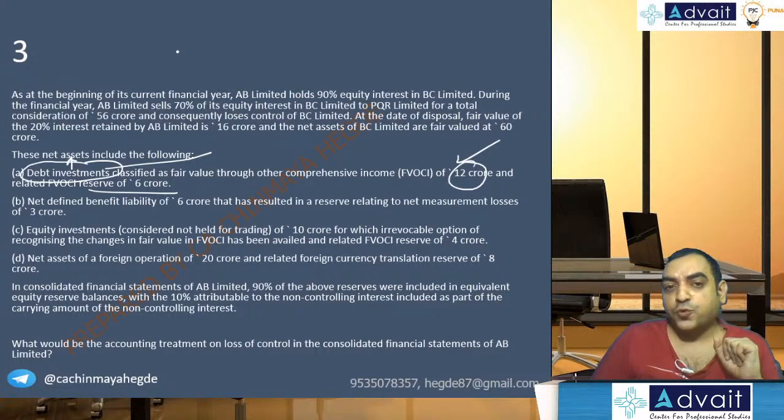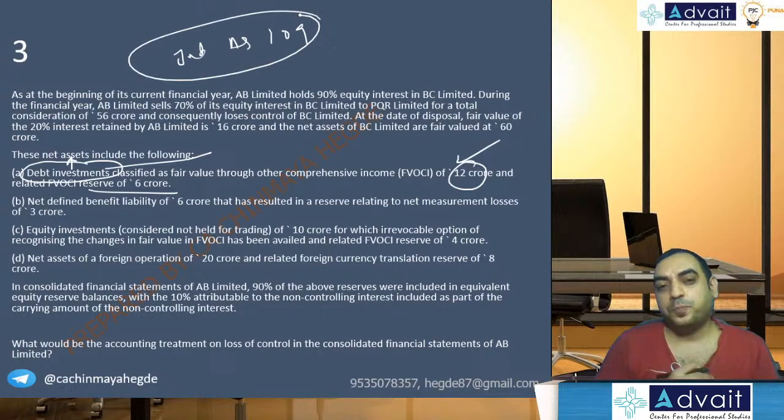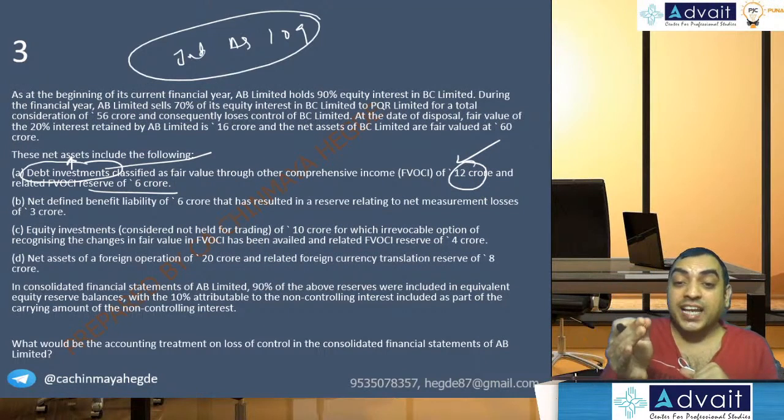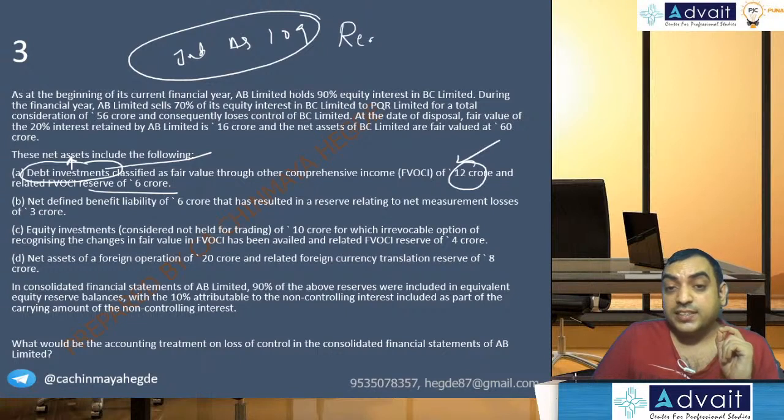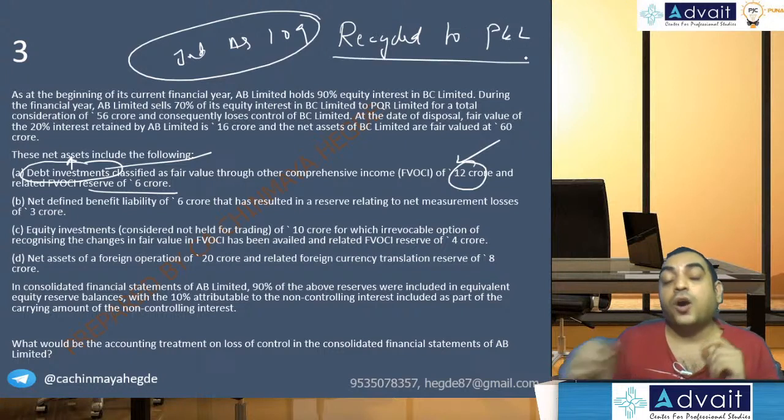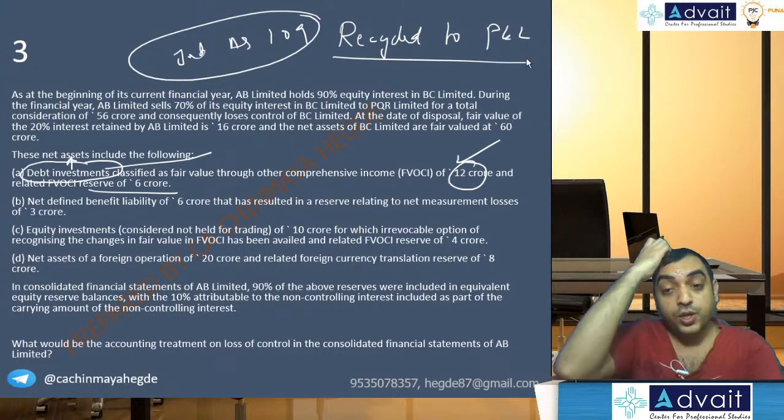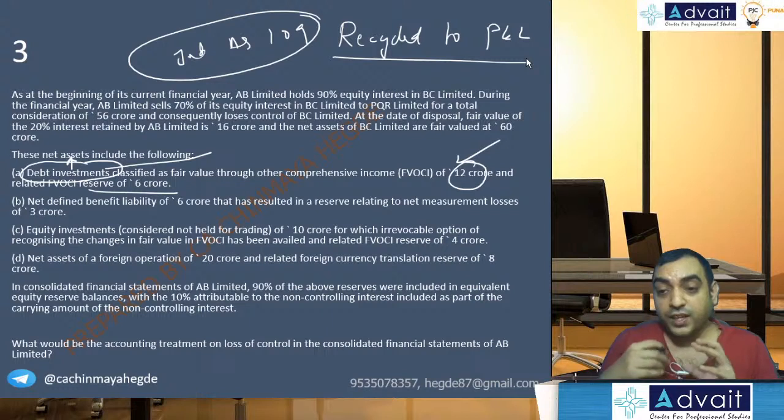Now for that we have to talk about Ind AS 109. Financial instruments in the nature of investments, debt investments, when it is sold, when it is derecognized, if it was classified as FVOCI, this has to be recycled to P&L account.